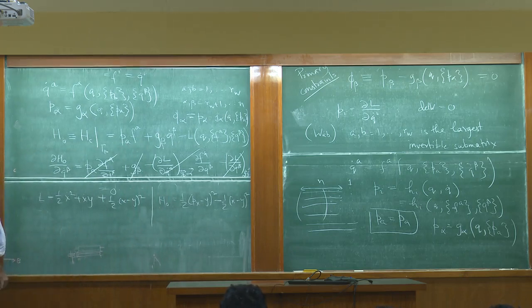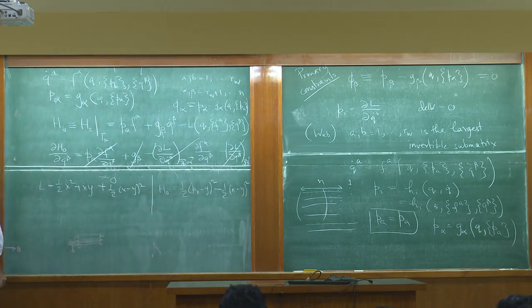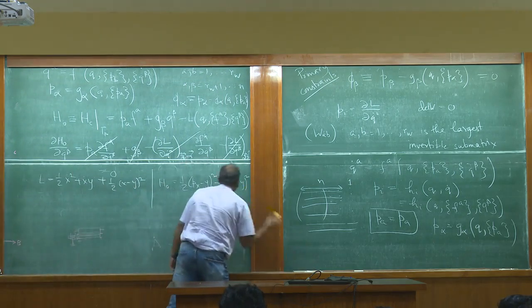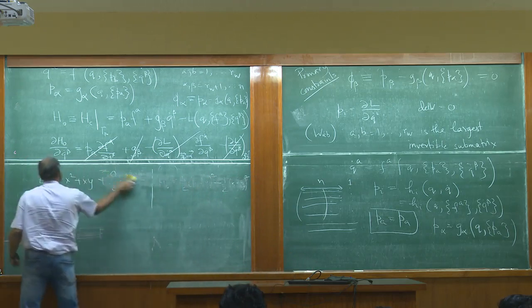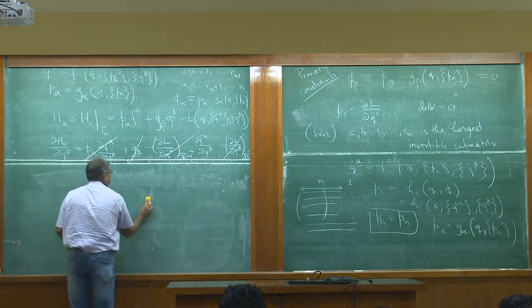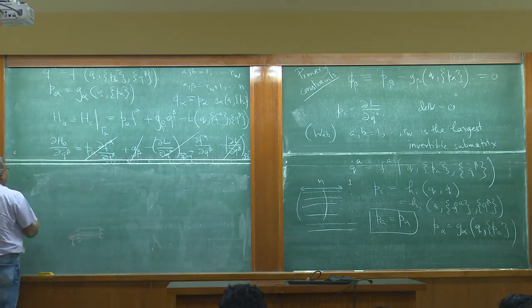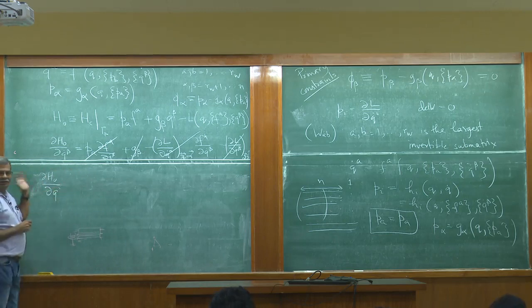To see that, again let's go do the generic thing. Let's get rid of this example from the board, and so del H0 del q dot beta was 0. What about del H0 del q i, all the positions?